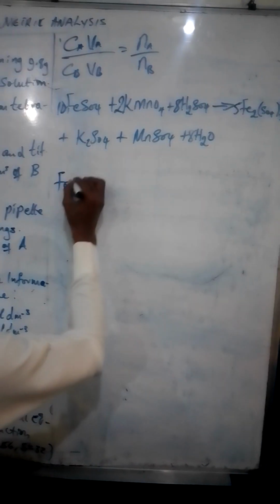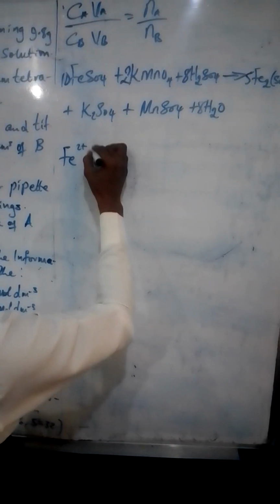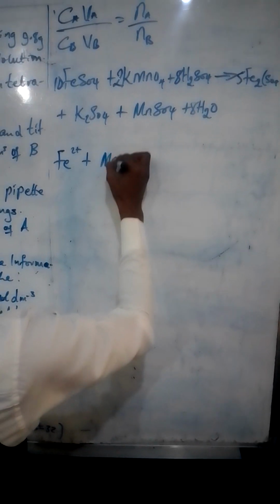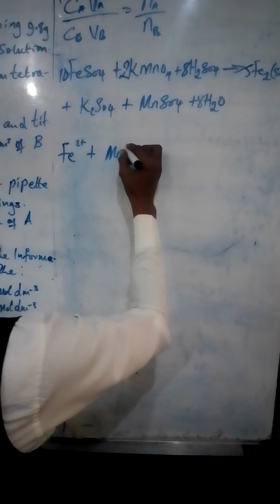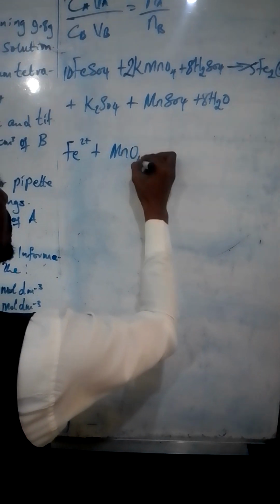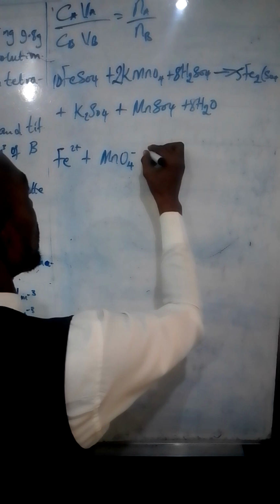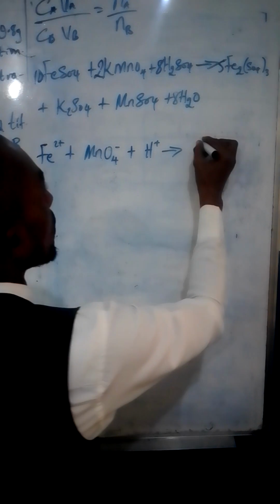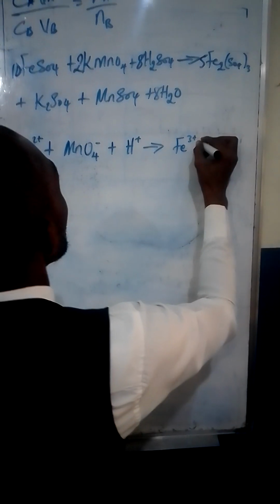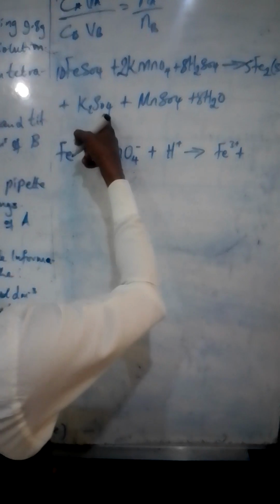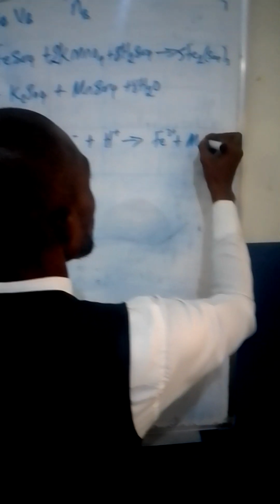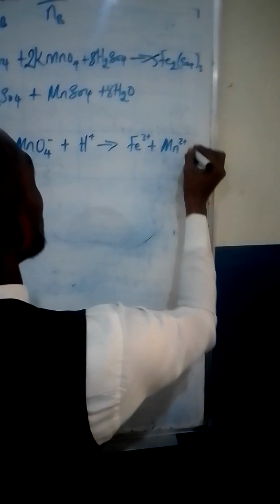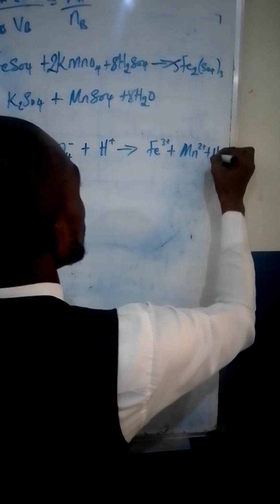Here, the ionic equation is iron(II) reacting with manganese(VII) oxide, MnO4 minus, plus acid, hydrogen is the acid, to give us iron(III), then plus potassium and sulfate do not go into the redox equation, so we have manganese(II) and then water. These are the ones that go into the redox reaction.